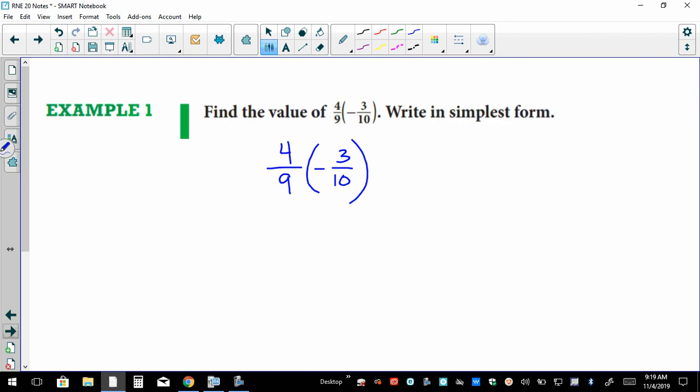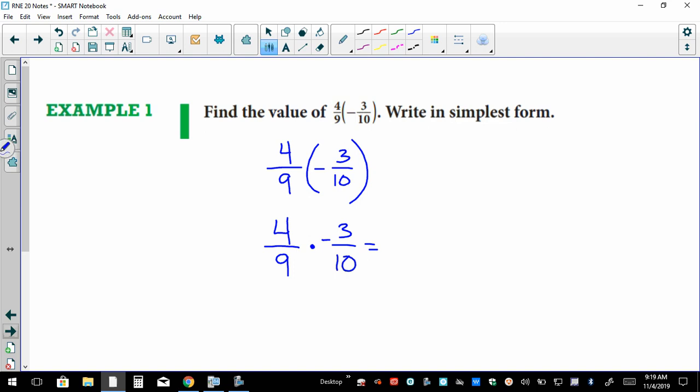So this is what I would do. I would rewrite this as 4/9, put the multiplication symbol in there, times a negative 3/10. How do you multiply fractions? Well, there's two ways.